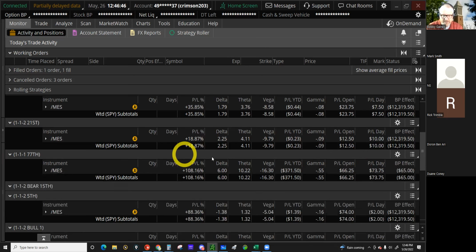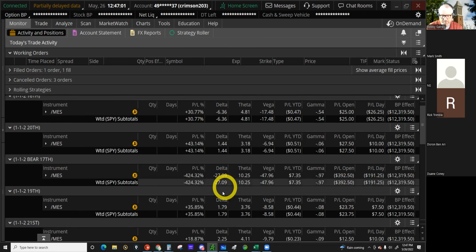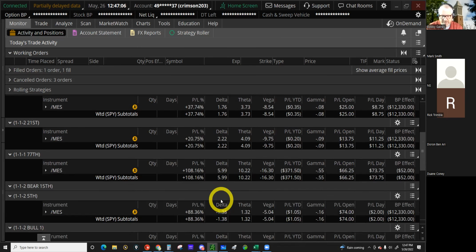So let's just look around at everything else, if there's anything else that is a winner that would give me a reason to get out of a negative delta trade. So here's negative delta, but it's down big, right? Here's positive delta that's up. Here's my positive delta again.